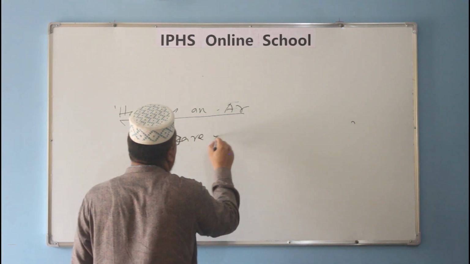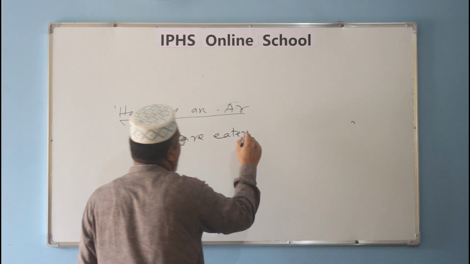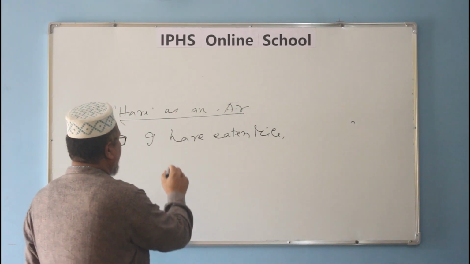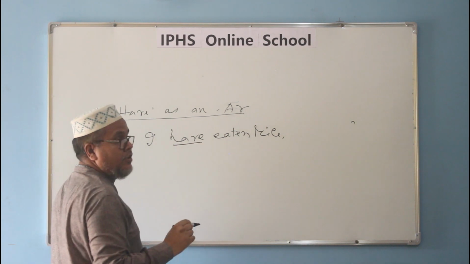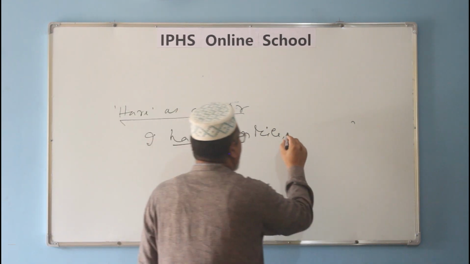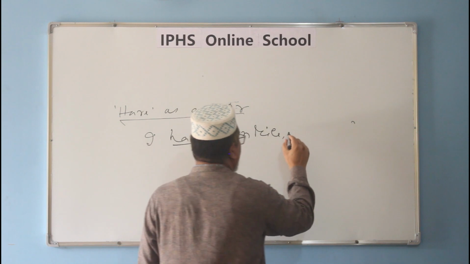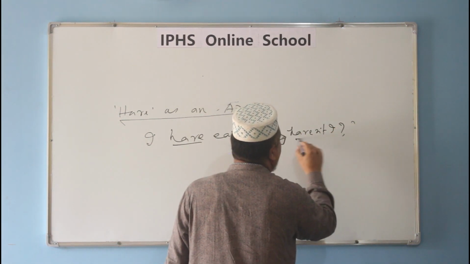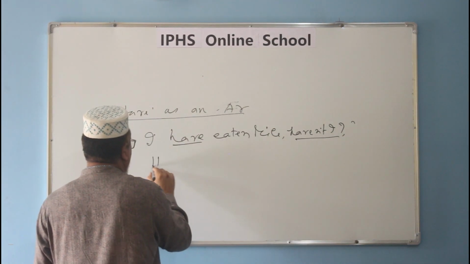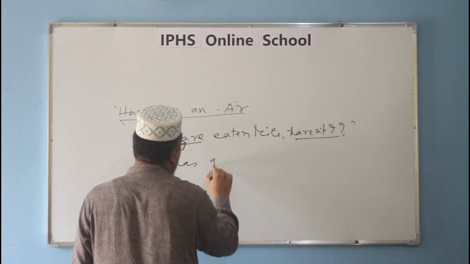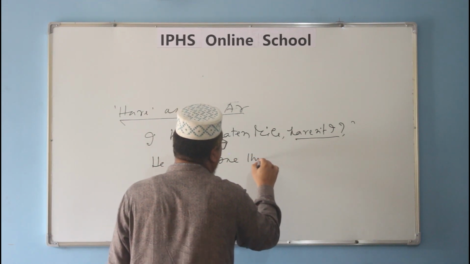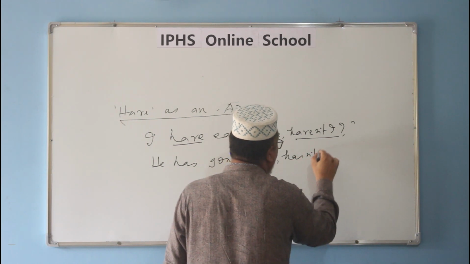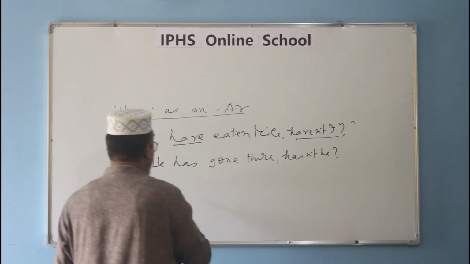I have eaten rice. In this sentence, have is an auxiliary verb. So we can write, haven't I? He has gone there, hasn't he?